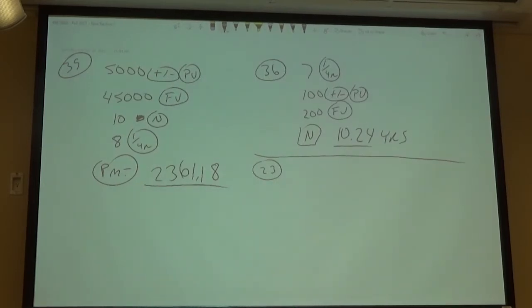This is yearly, so $5,000 is the payment. 10 years, 14%.